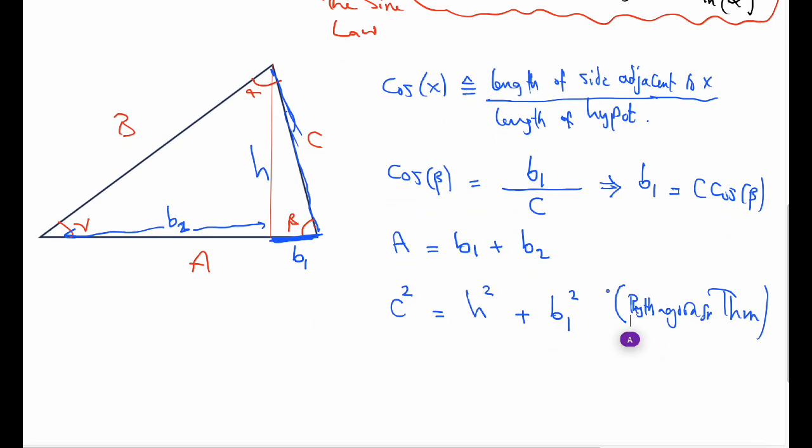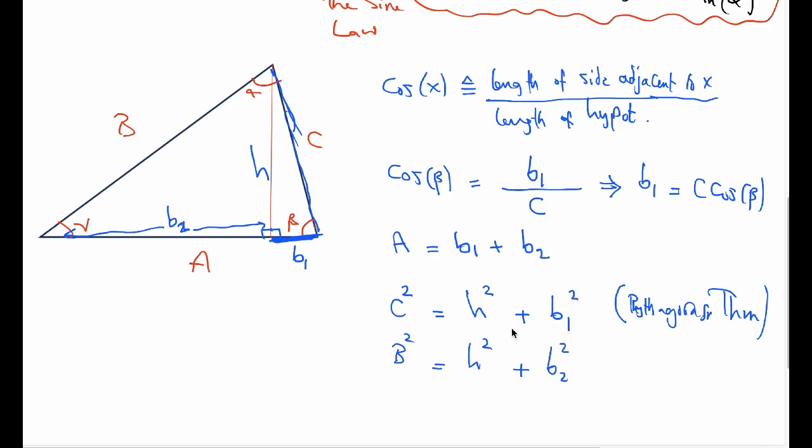From the other triangle, which is also a right triangle, using Pythagoras theorem, we have that B square equals h square plus B2 square.